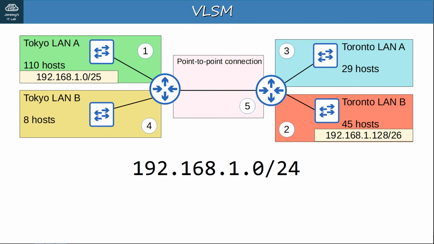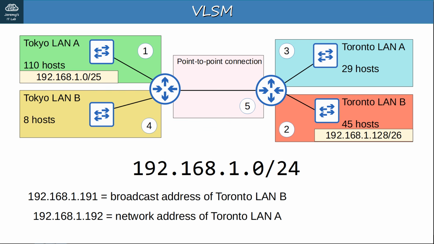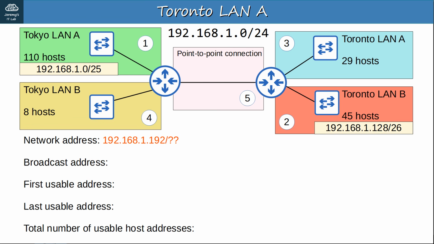There is still room for more smaller subnets. 192.168.1.191 is the broadcast address of Toronto LAN B. So, 192.168.1.192 is the network address of Toronto LAN A. Once again, though, we have to figure out what prefix length to use for Toronto LAN A. Let's do the same process as with the other LANs. Please pause the video now to find the remaining information.